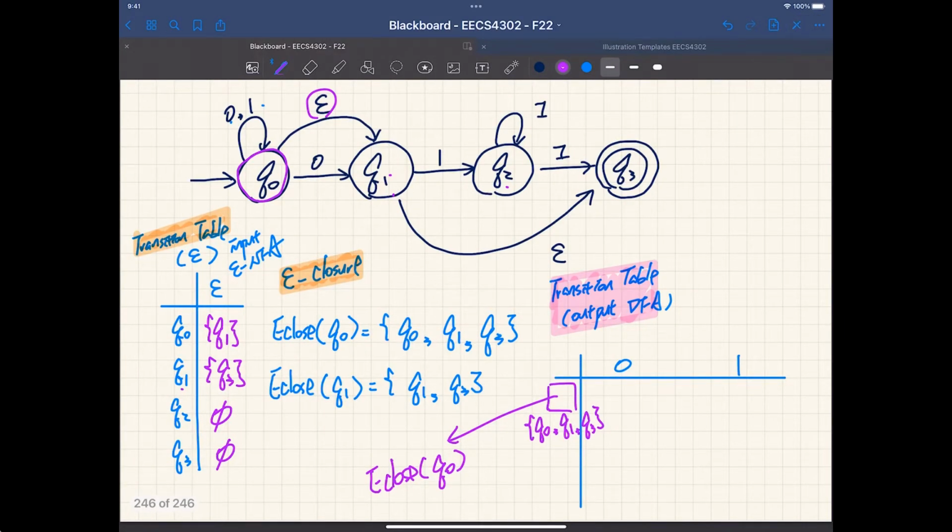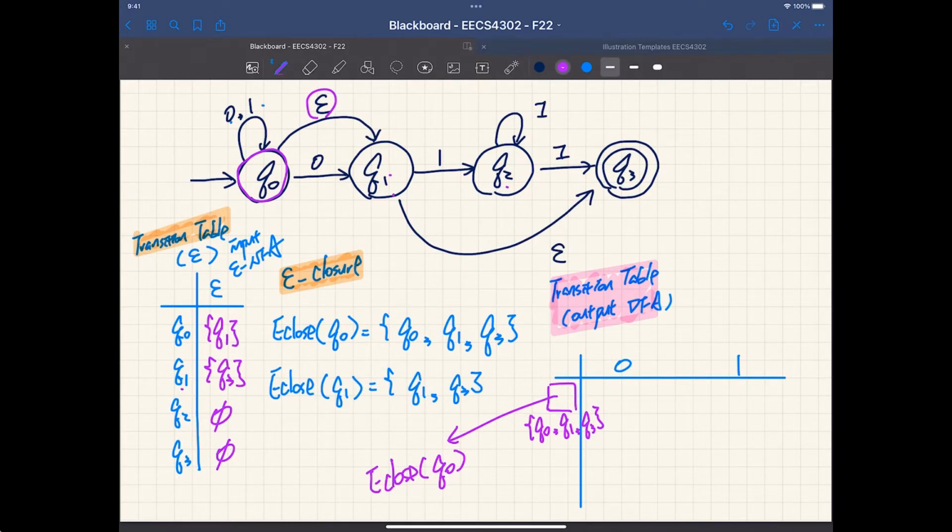Let's see, how do we calculate 0 over here? There will be 2 steps you've got to follow. Basically, for every state over here, you use the transition function to see what the resulting state is. And then you calculate the epsilon closure for each one of them.